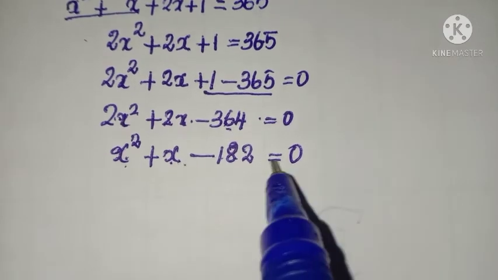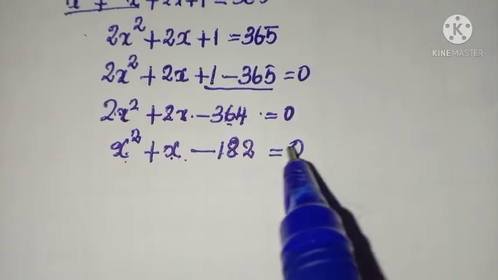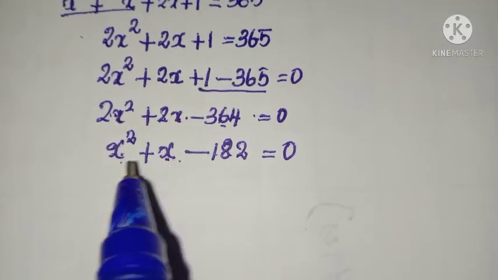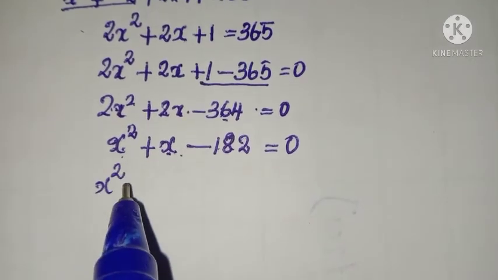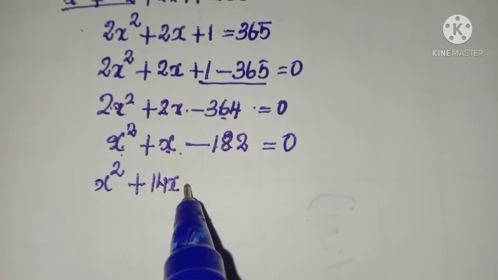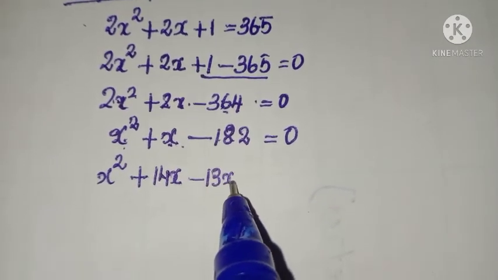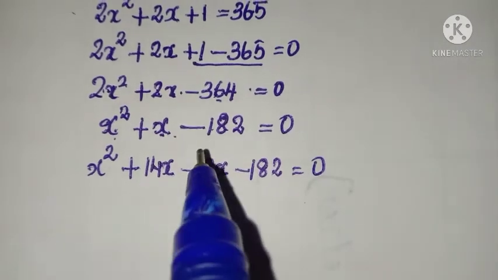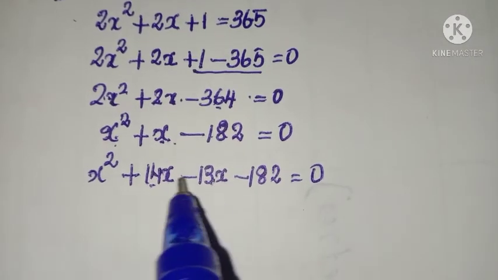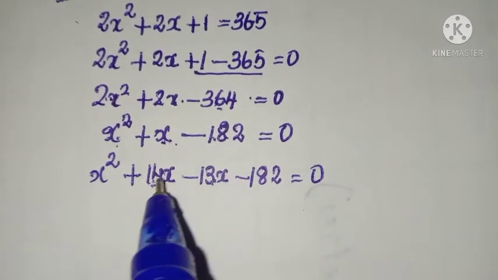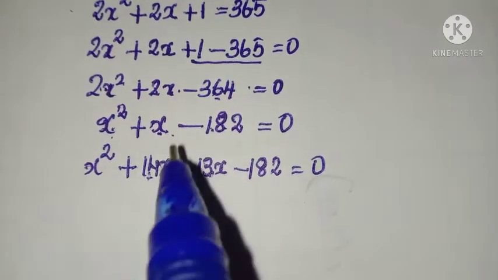Now this is a quadratic equation. We want to solve this equation by the middle term splitting method. Here this x can be written as, listen, x square plus 14x minus 13x minus 182 equal to 0, because the product of these two numbers is minus 182 and the sum of these two numbers is 1.